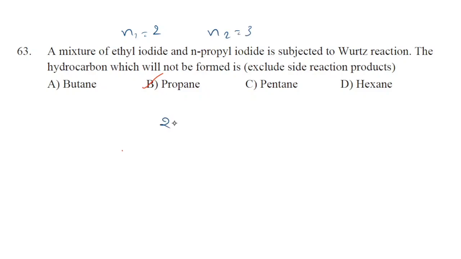So we can have the alkanes with 2 plus 2 or 3 plus 3 or 3 plus 2 carbon atoms, right? So this is nothing but 4, this is nothing but 6, this is nothing but 5. So you can expect butane, pentane and hexane, but not propane. So which is not formed, they asked, answer is propane.